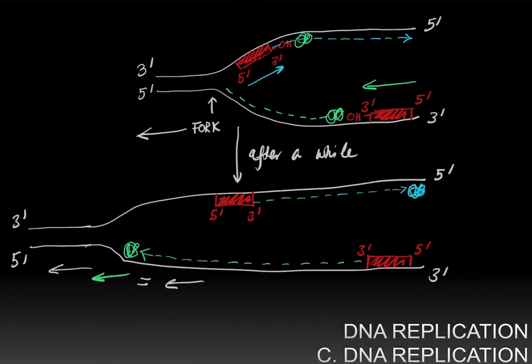As the replication fork keeps moving to the left, the double-stranded DNA keeps getting unzipped, exposing more template DNA, and the polymerase will basically run a circle around the entire circular DNA molecule.